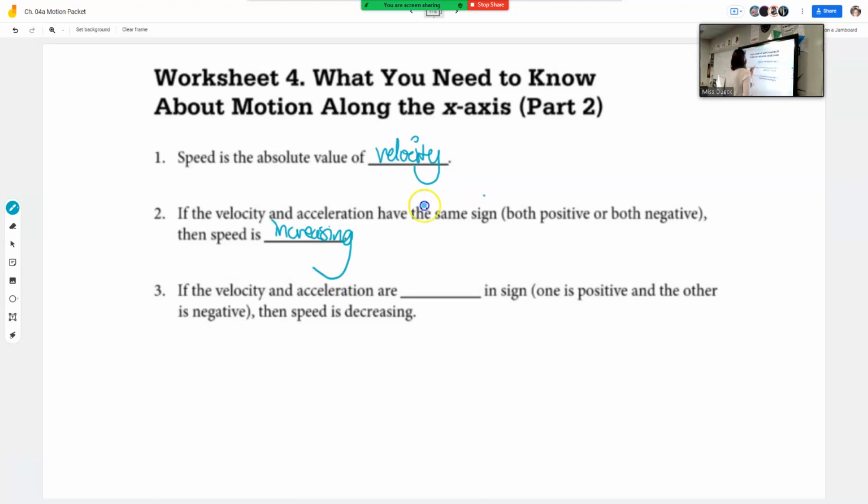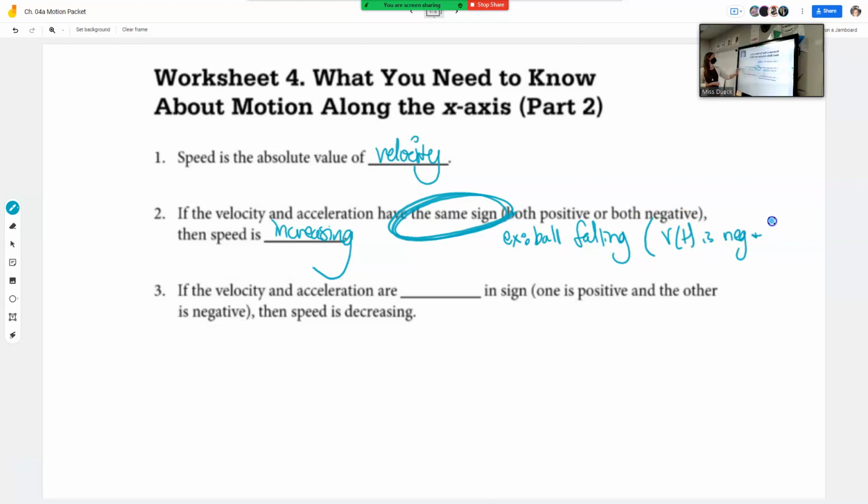This is huge because they can make some questions so tricky. An example of this would be a ball falling. My velocity is negative. Here's the trippy part: and numerically decreasing. When the ball is falling, velocity is negative and decreasing.